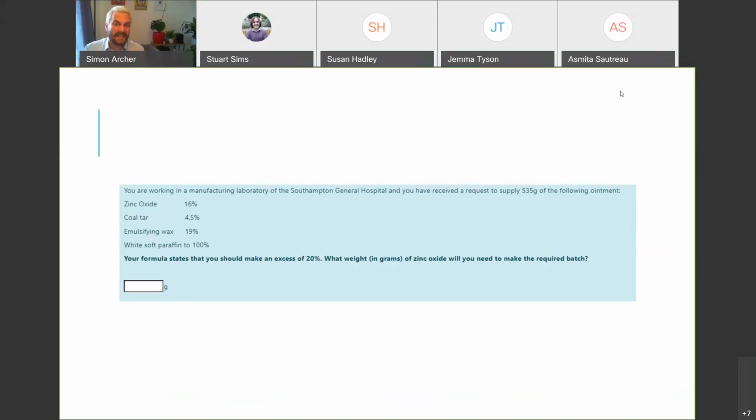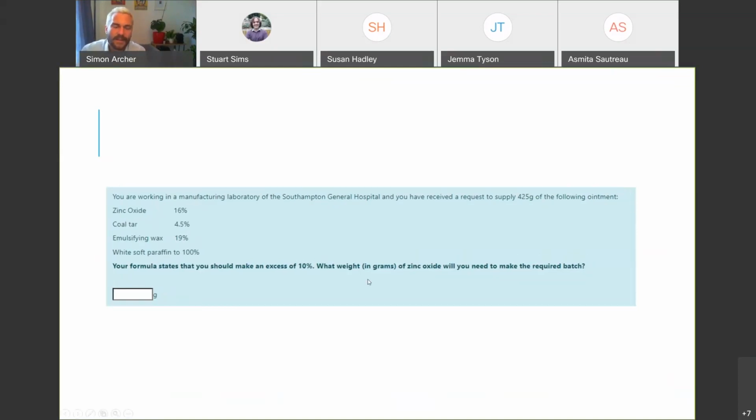The student sat that. They then went back into the test, and they got this question. When you read it, the words are all the same, but this time, instead, they have to make 425 grams. The formula is the same, and this time they've got to make a 10% excess.